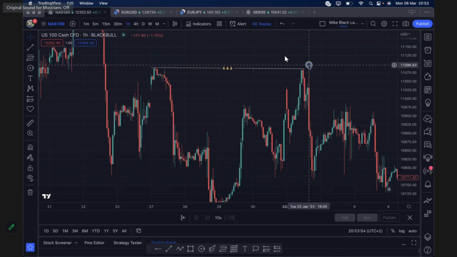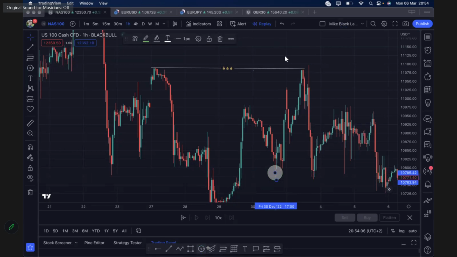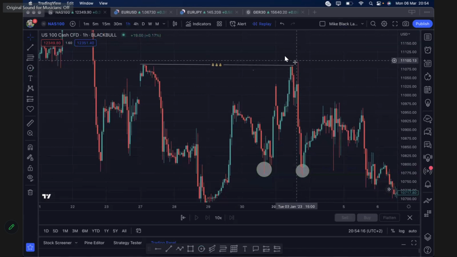Okay. Most likely, majority of the times, they will come back for weak liquidity. And a good example is here. Why will they come back for that weak liquidity? In order for them to close the orders that they used to grab the liquidity.